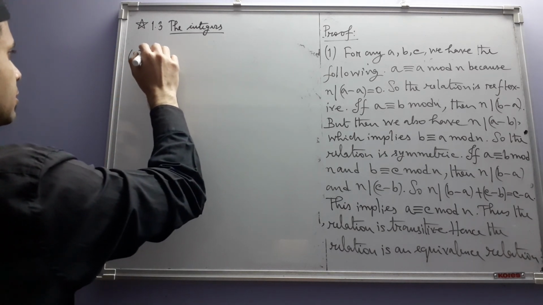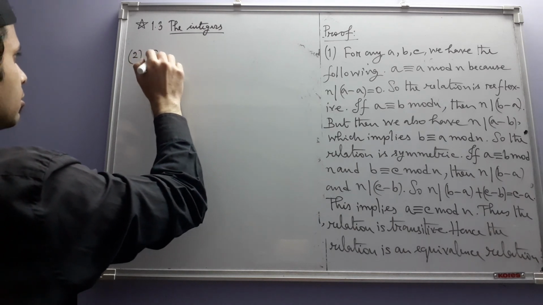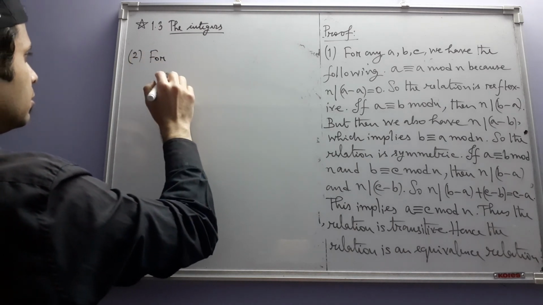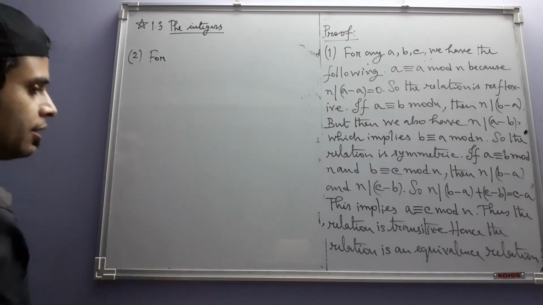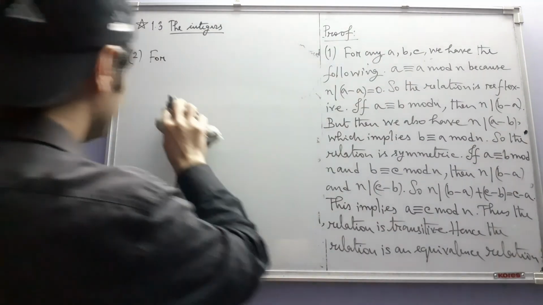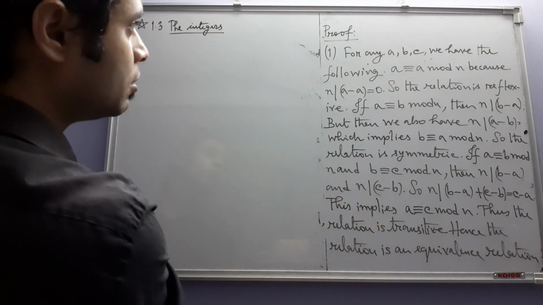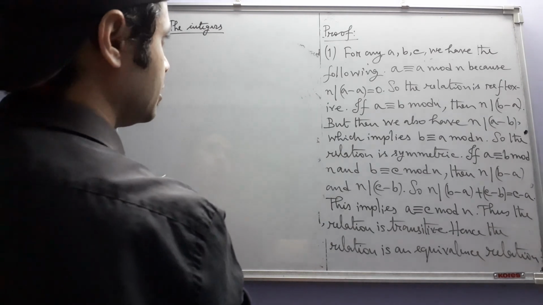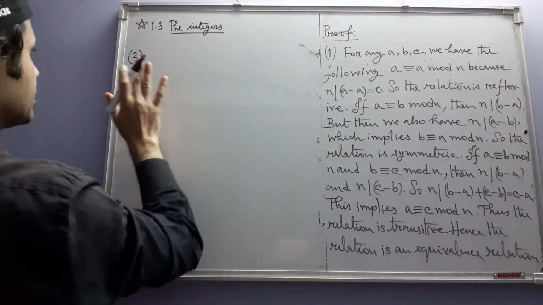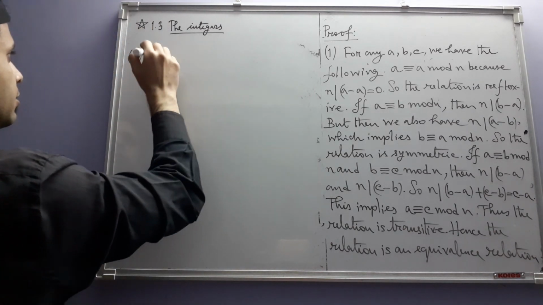For the first part we were given a, b and c, but for the second part we are not given anything.